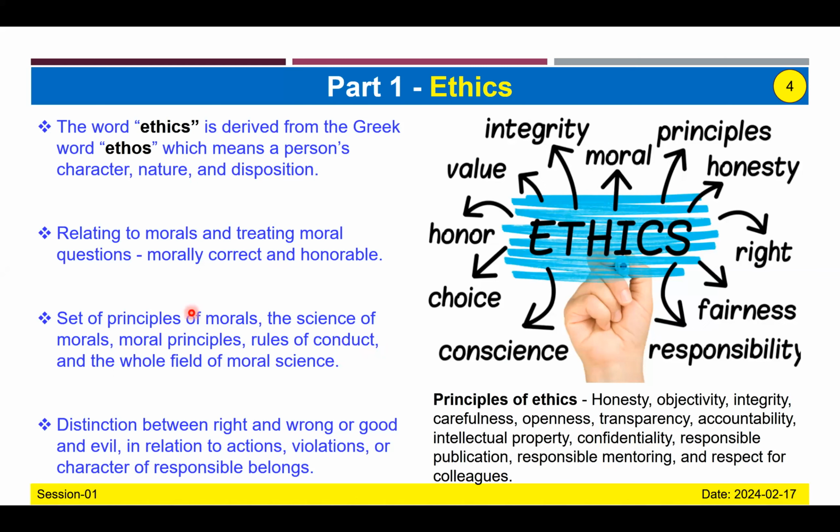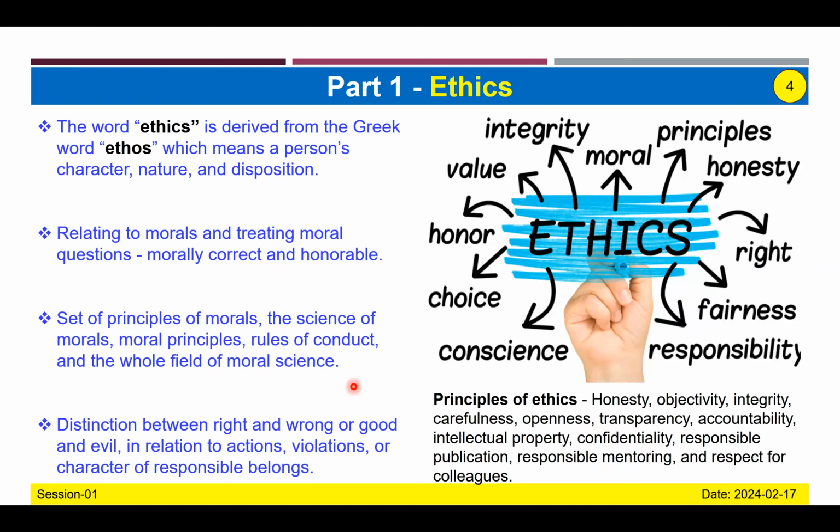Here is the set of principles of morals, the science of morals, moral principles, rules of conduct, and the whole field of moral sciences. When you think about research, you have to keep some things in mind, and in the next slide some parts will be correlated, showing why it is so important.